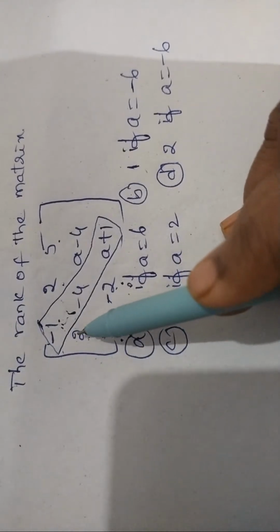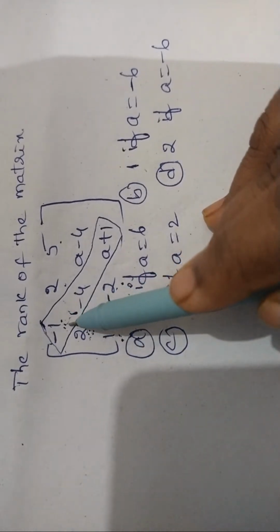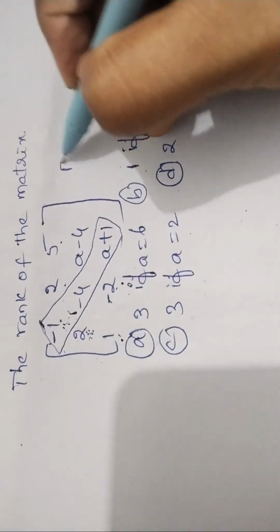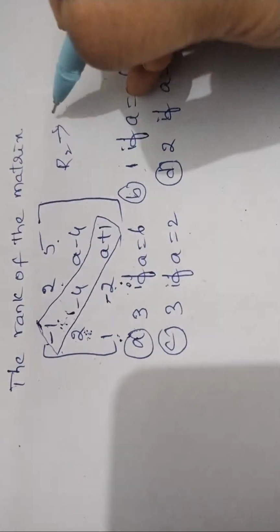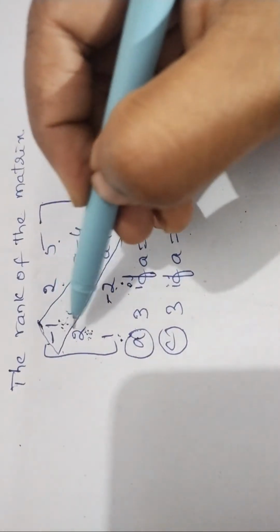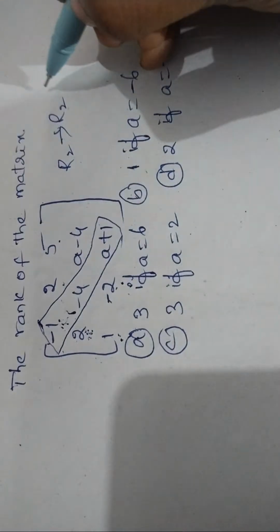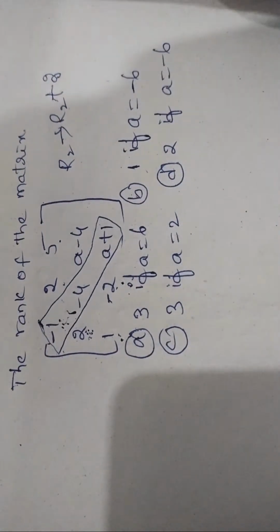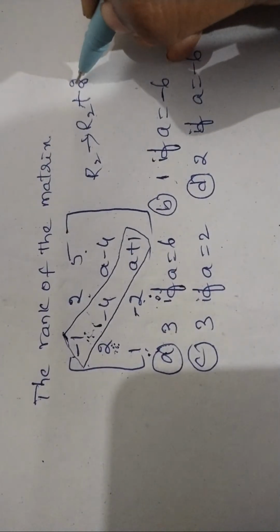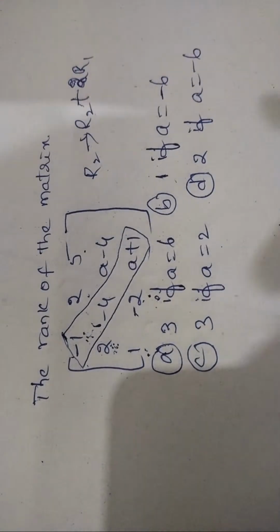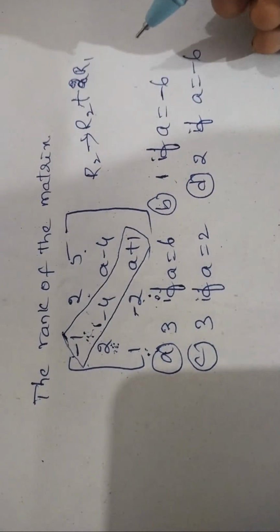So I will add R2 plus R1, then only I will get 0 here. So I will write the operation: R2 tends to R2 plus 2 into R1. I will perform this operation.